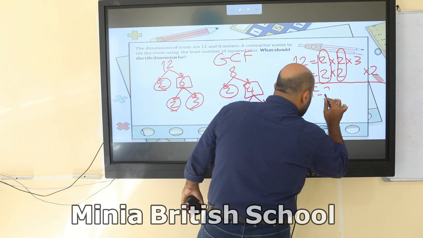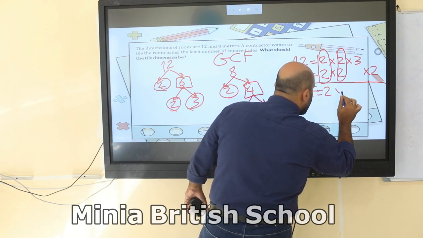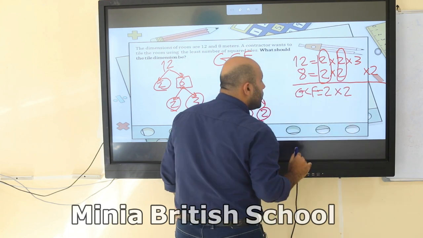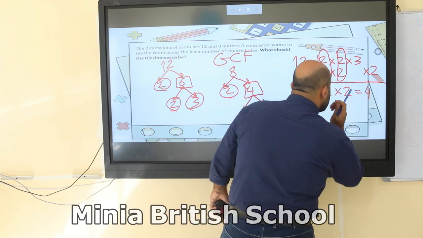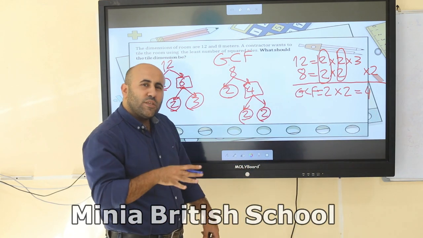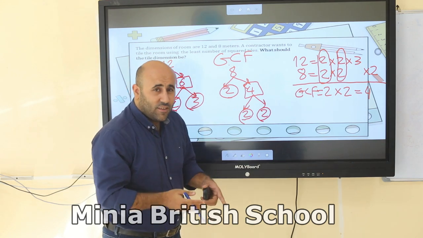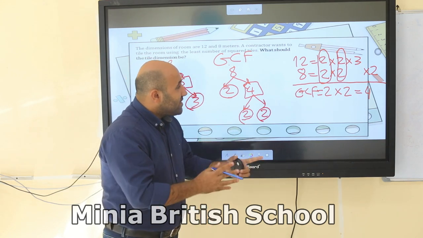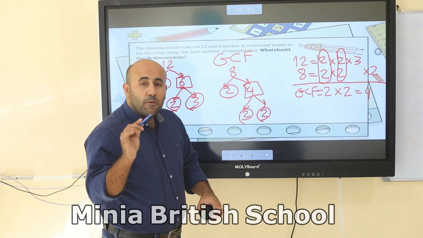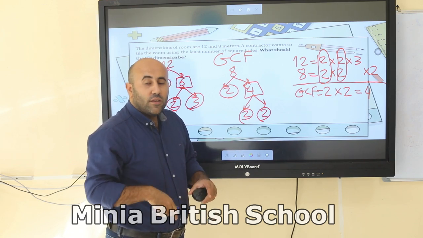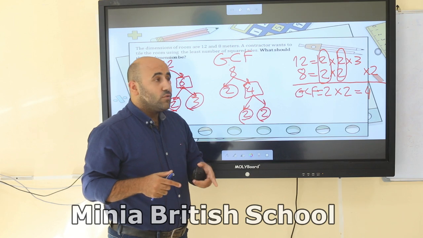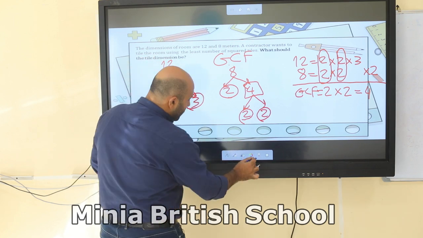So it means 2 times 2, which equal 4. So the greatest dimension I can possibly get equal 4 meter for one squared tile. Is it clear for you? Good. Let's get to the next one.